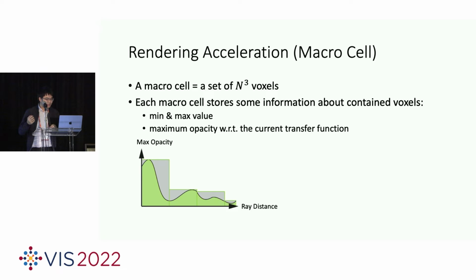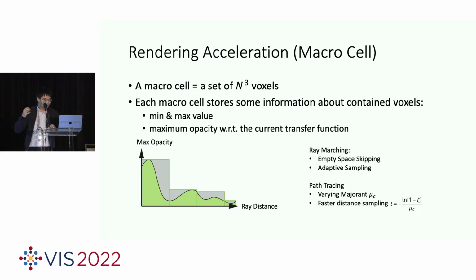And within each voxel, we store some data like the voxel min and max, and the max opacity of the contained voxels. And with this data structure, we can easily achieve things like empty space skipping and adaptive sampling for ray marching algorithms, and local majorant bounds for path tracing algorithms.